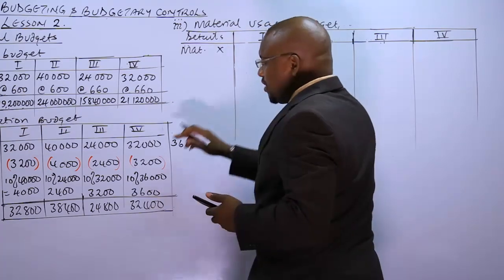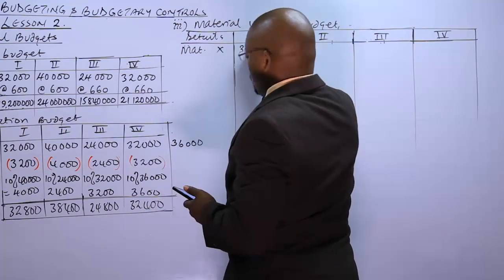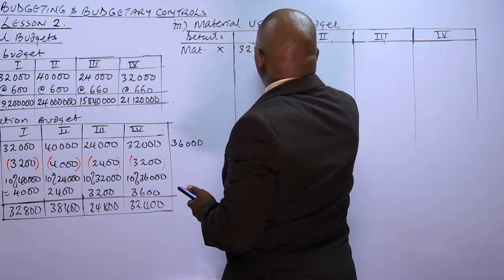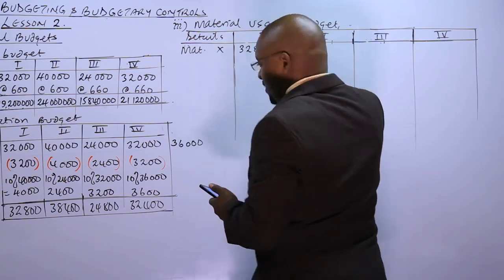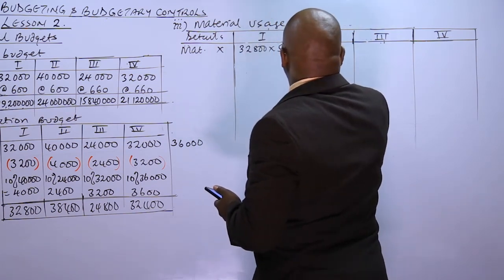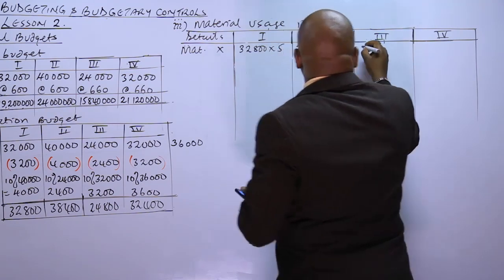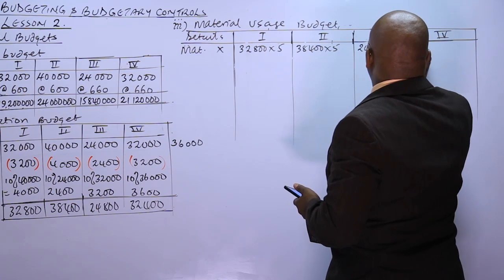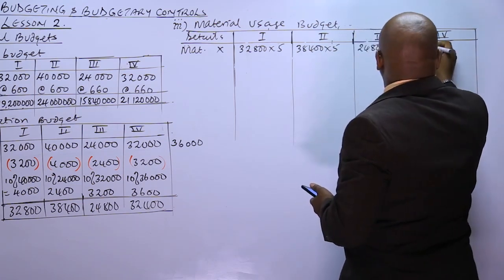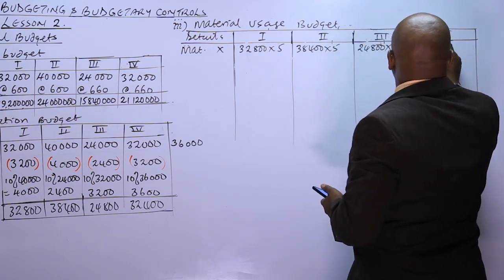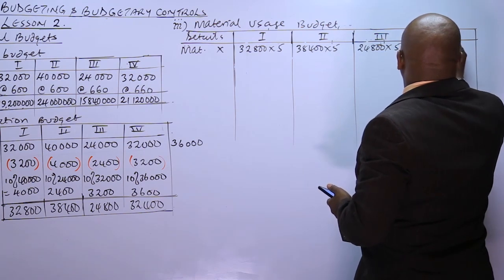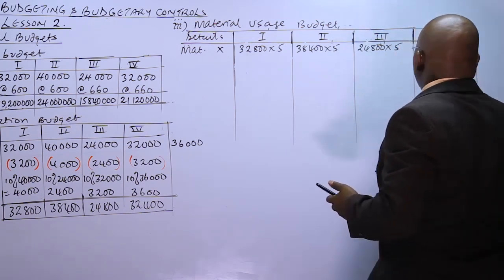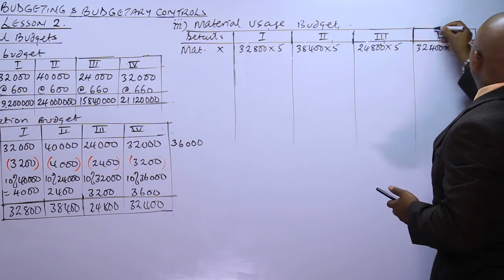In quarter one, we are producing 32,800. We multiply by 5 kgs. This is 38,400 multiplied by 5 kgs. 24,800 multiplied by 5 kgs. And 2,400 multiplied by 5 kgs.